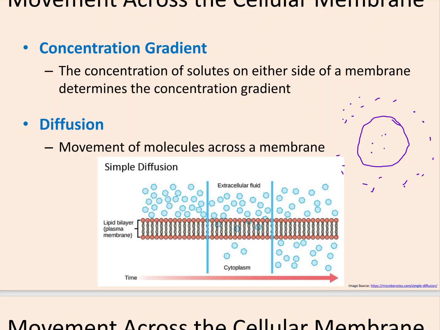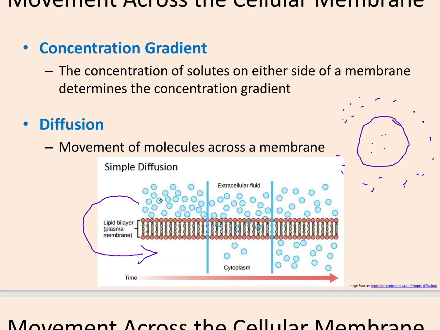And this will determine the rate or the ability to move in or out. Diffusion is when things can easily move across a membrane, or the moving of molecules across the membrane. There are different ways in which those molecules can move. Via simple diffusion, the molecules will move from wherever they're in greatest concentration to wherever they are in less concentration in order to equal out the amount of solutes.